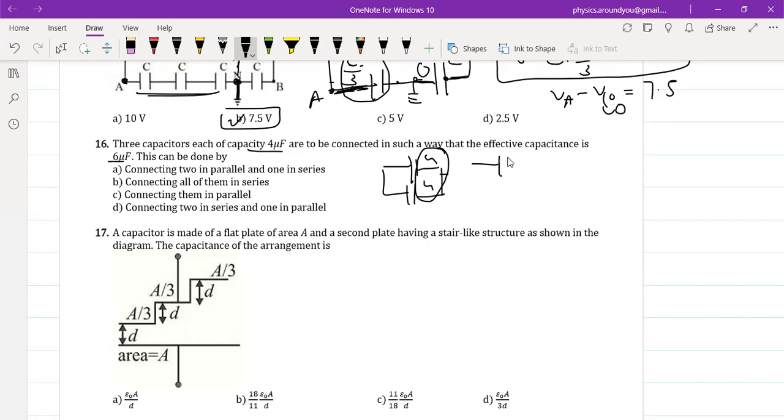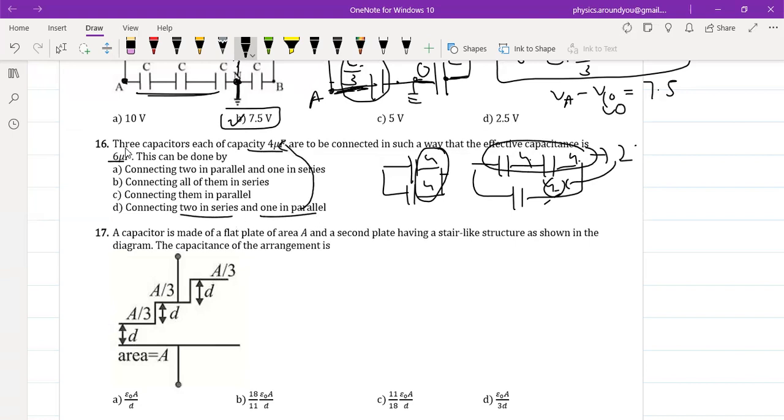So I will say 4 and 4 are in series and connect a 4 in parallel. So 4 and 4 in series, equivalent of this becomes 2, and 2 is in parallel with 4. The algebraic addition will give you 6. So 2 should be in series and 1 should be in parallel. Then I shall obtain 6 microfarad as the equivalent capacitance. So 16th one goes with D.